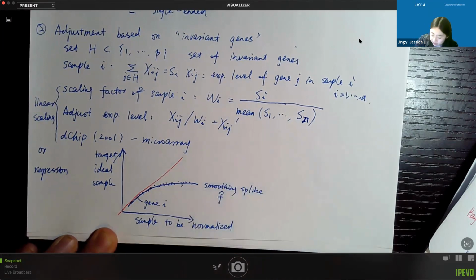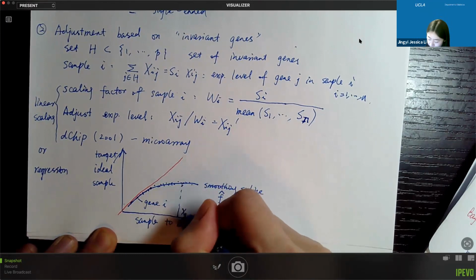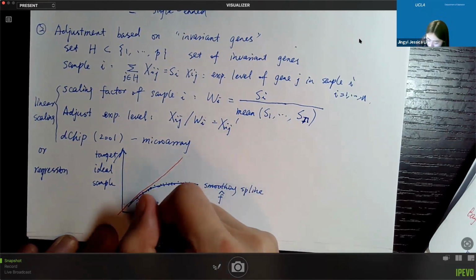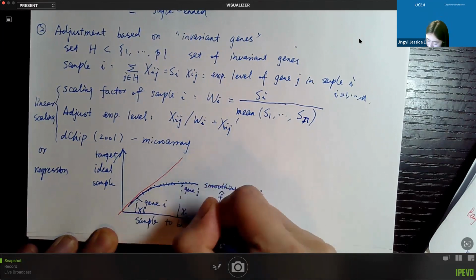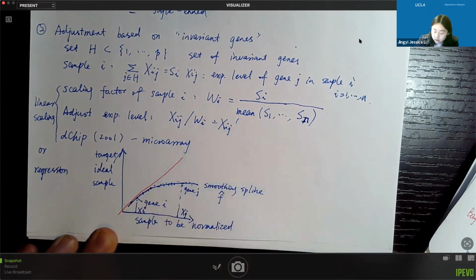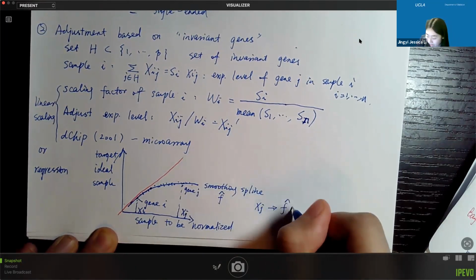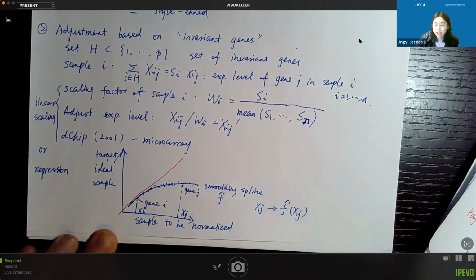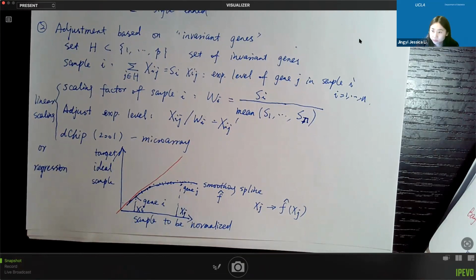If I call this x, so this is gene I, this is my xi, and this is gene j, I call this xj. Then what I could do is convert xj to f hat of xj. Doing this adjustment can make the sample on the x-axis more like the sample on the y-axis. That's what we call the regression-based adjustment.